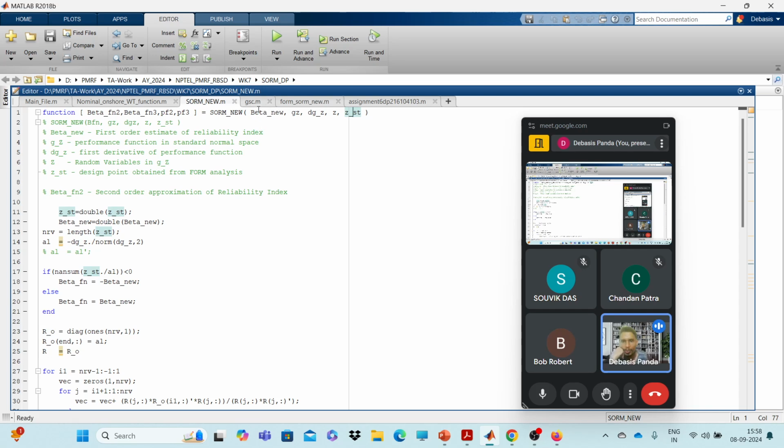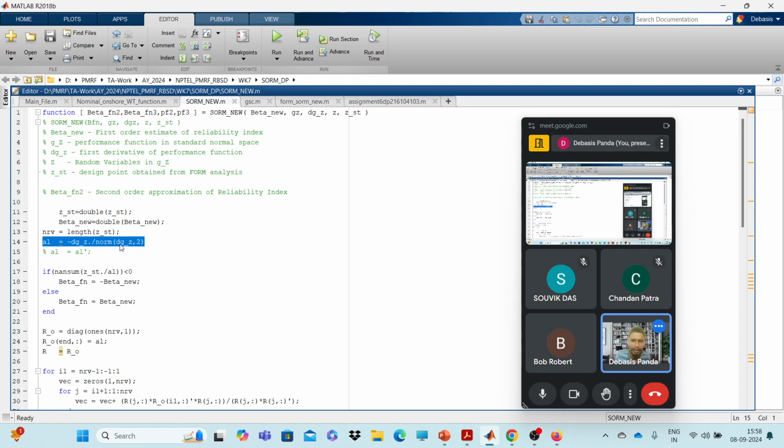Now once we have all these values, what will it give? It will give the beta and probability of failure. First, we need to provide the final z, final betas, and final alphas. So I have provided the final beta, and what is the alpha? The formula for alpha is nothing but minus dgz divided by the Euclidean norm of dgz.